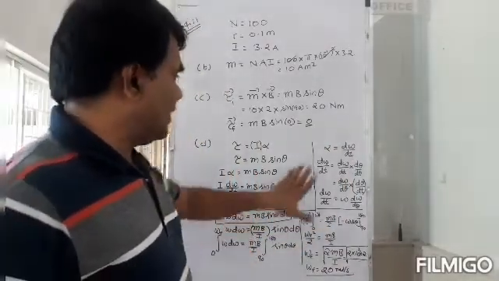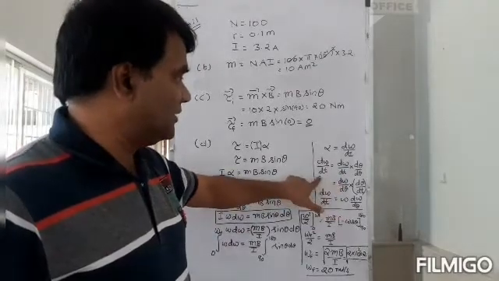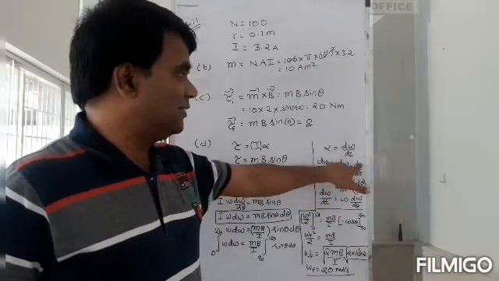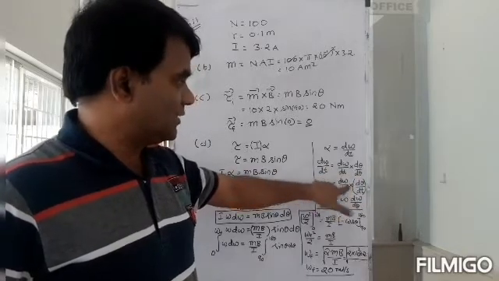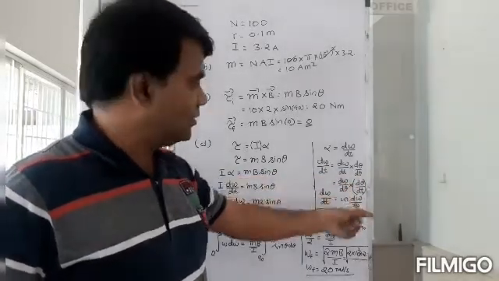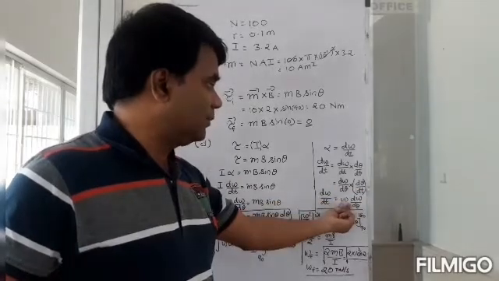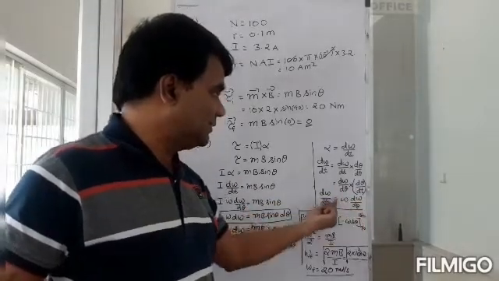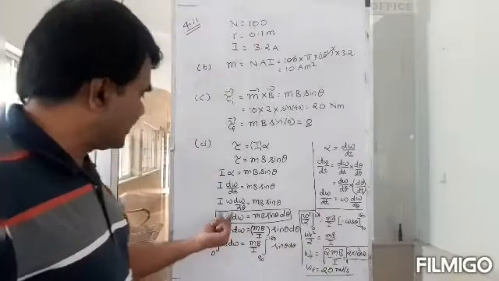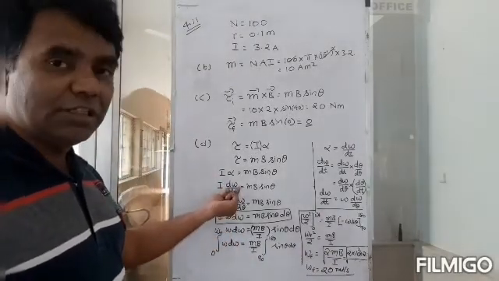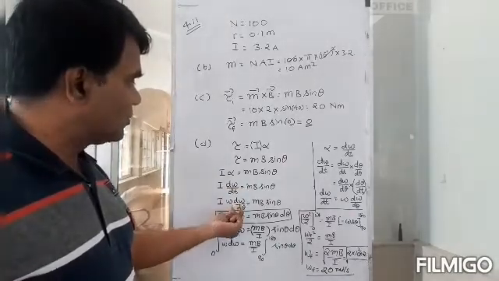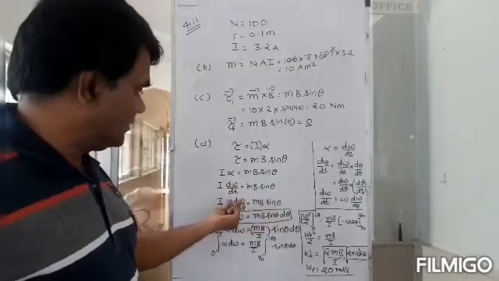So I do the same here. I take d omega by dt and I multiply it by d theta and then divide it by d theta. Then I get d omega by d theta times d theta by dt. But d theta by dt is omega anyway. So omega d omega by d theta is equal to d omega by dt. So I come here and substitute that in the place of d omega by dt. So I get mb by I sin theta like this.